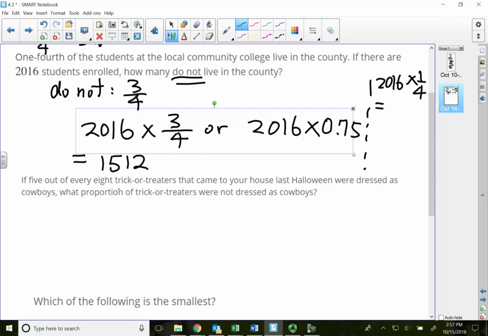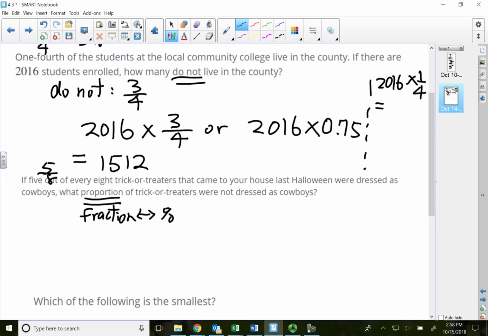If 5 out of every 8 trick-or-treaters that came to your house last Halloween were dressed as cowboys, what proportion of the trick-or-treaters were not dressed as a cowboy? Notice this wording, proportion, is just another word for percentage. The word proportion can actually mean fraction, and a fraction can turn into a decimal or percentage.